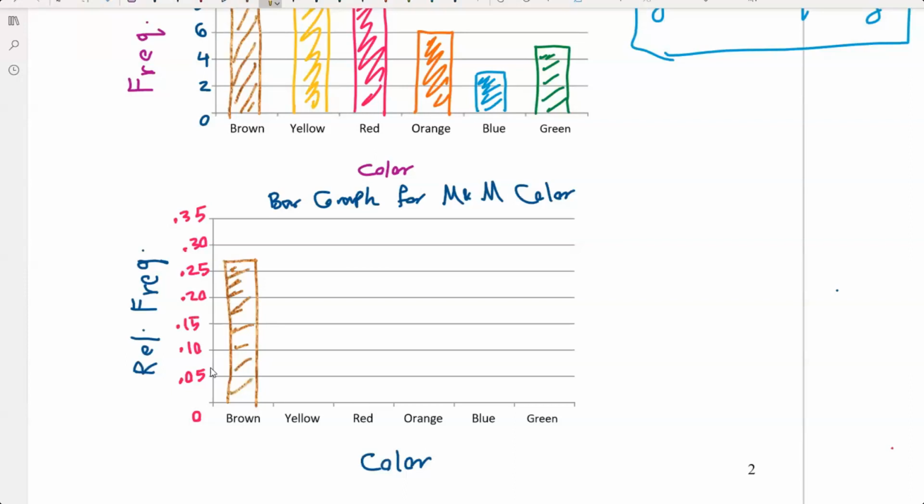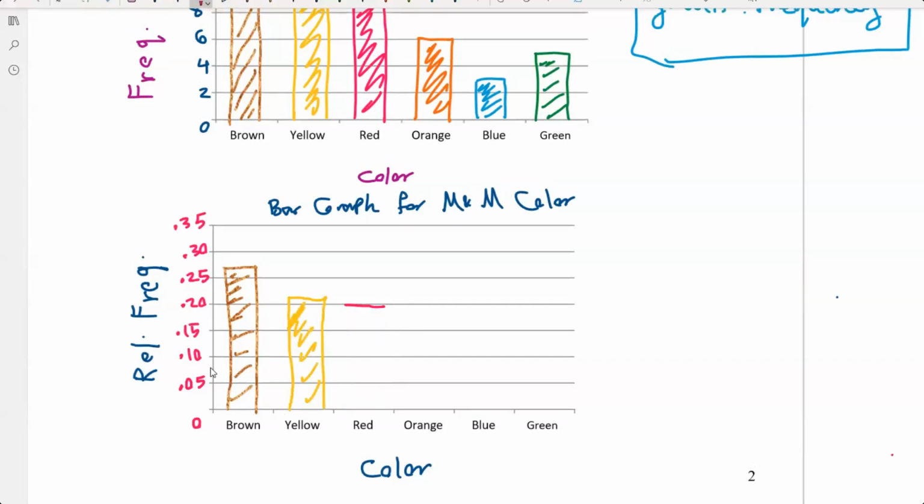Okay, next one, for yellow, we have 0.22. Okay, orange, we have 0.13. Okay, blue, we have 0.07.